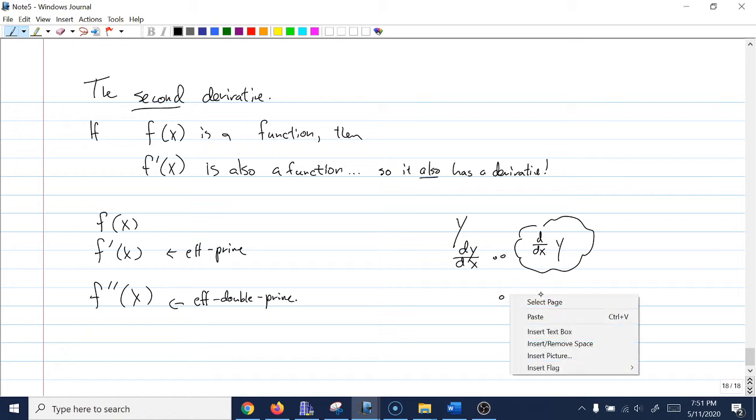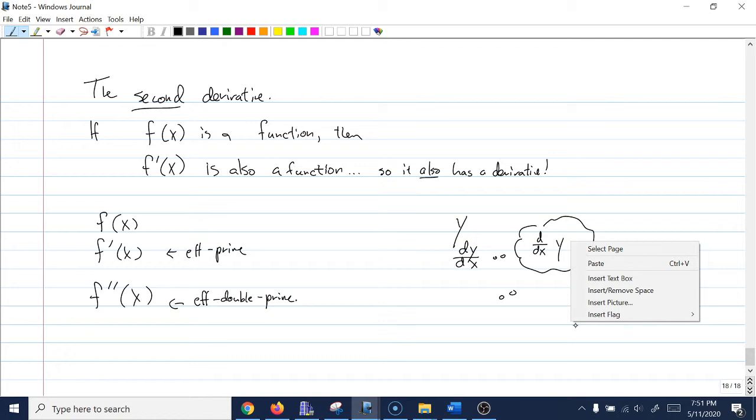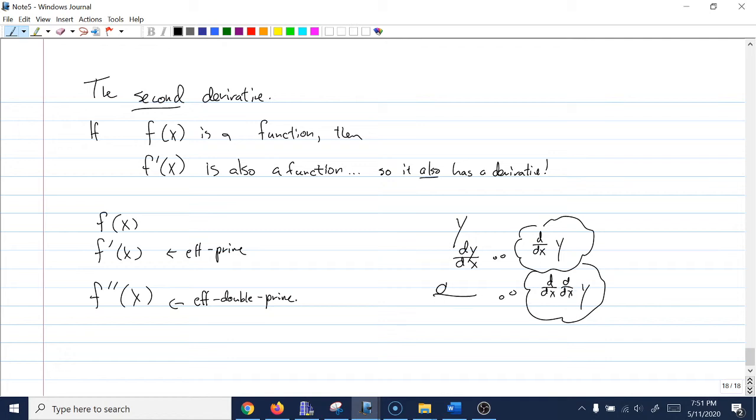So to write down the second derivative, I want there to be two d dx's out front. So the way they write that is d squared y over dx squared. Why isn't the bottom d squared? Because the bottom dx is all one thing. This is how they write the second derivative here.